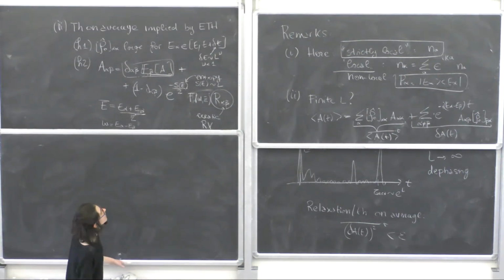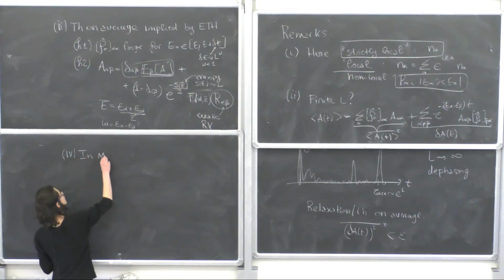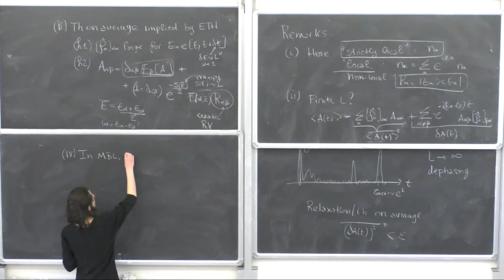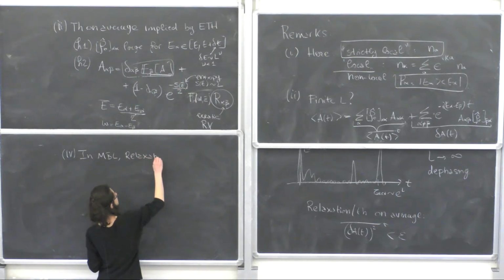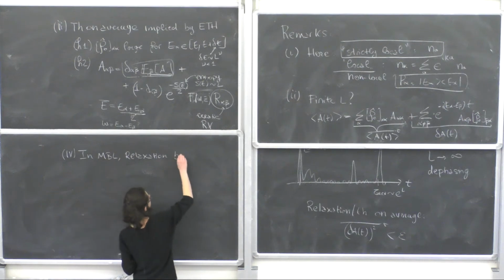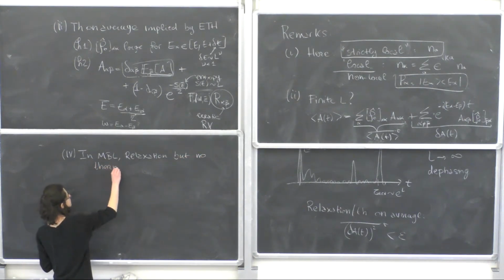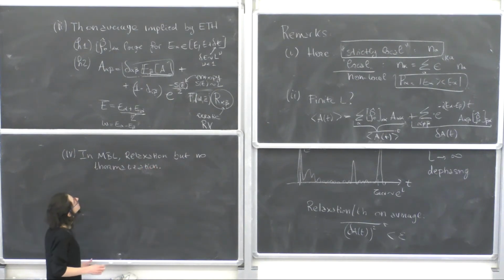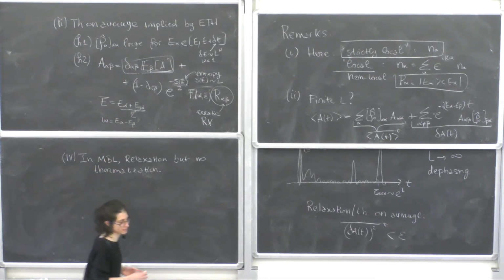But first, the comment is that in MBL, with the terminology that I said, you have relaxation, but you have no thermalization. Okay, so now let me maybe show you some of these plots.